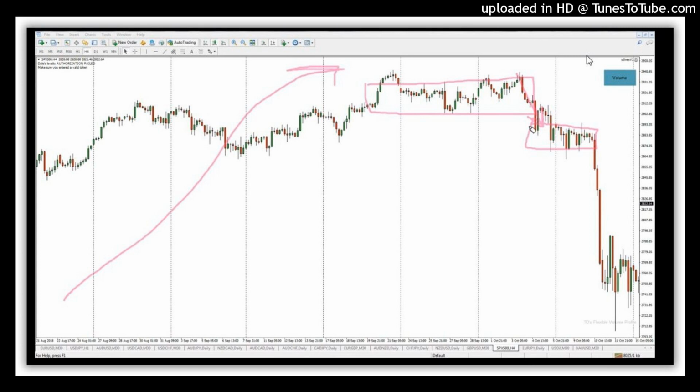In this case, the sellers were stronger. They pushed the price below the rejection of lower prices, below this point. And there was a rotation in here. As you can see in the rotation, there were rejections of lower prices, rejections of higher prices.